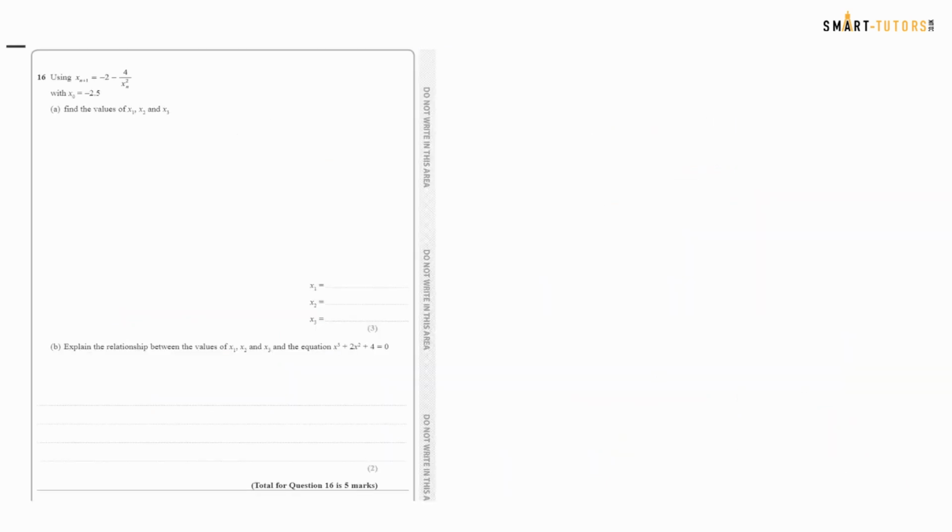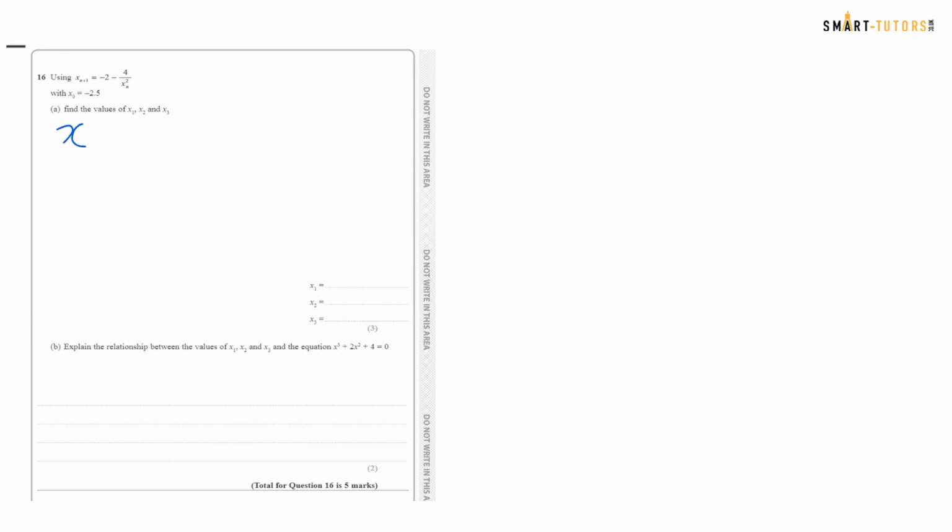Question number 16. Using x n plus 1 equals minus 2 minus 4 over x n squared, with x0 equals minus 2.5, find the values of x1, x2, x3. It's a 3 mark question. It's all about understanding the notation.